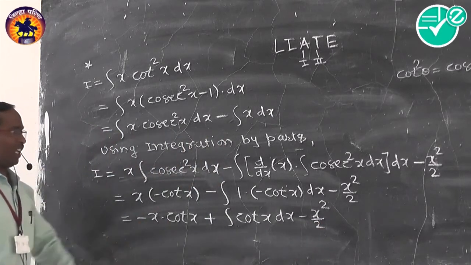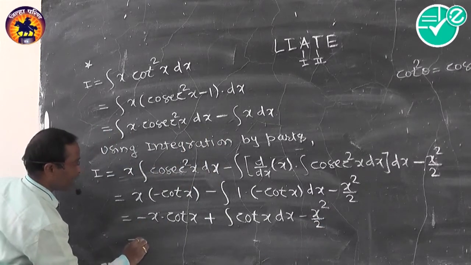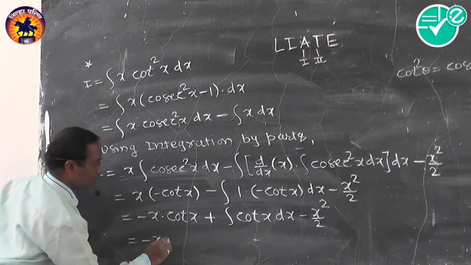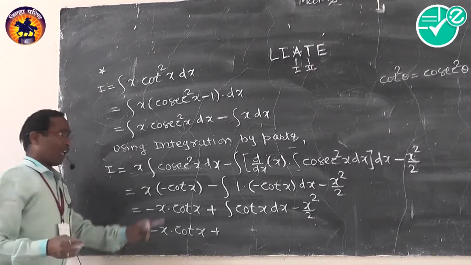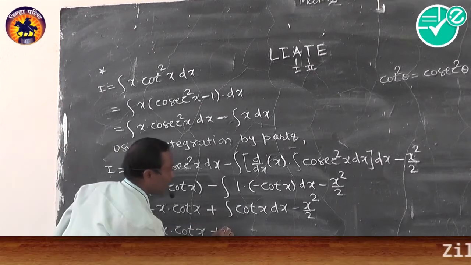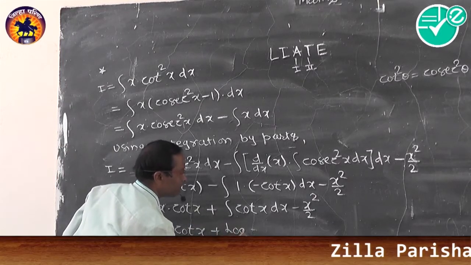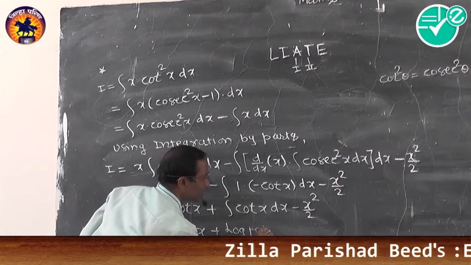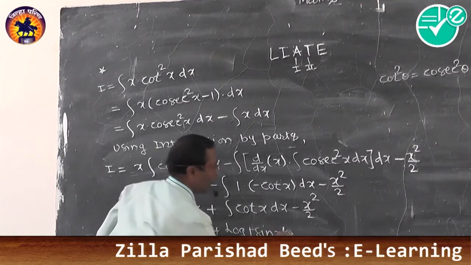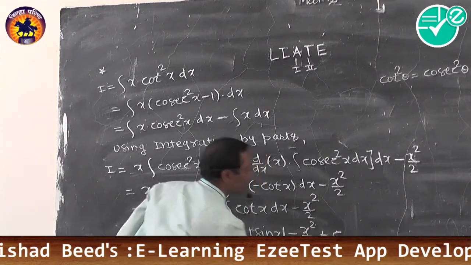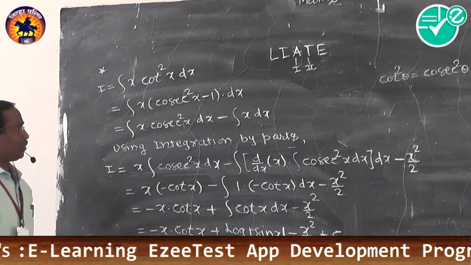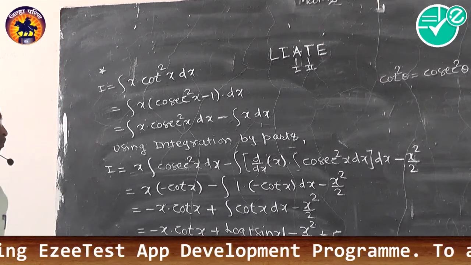Now take the integration of cot x: minus x into cot x plus integral of cot x, which is log of sin x, minus x square by 2 plus c. So this is the integration of this function.